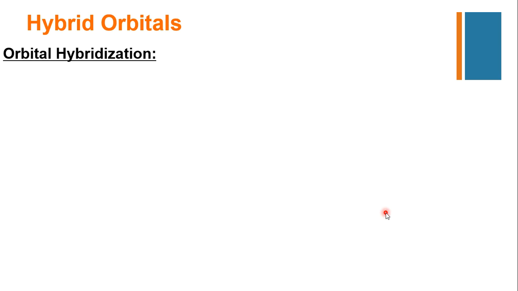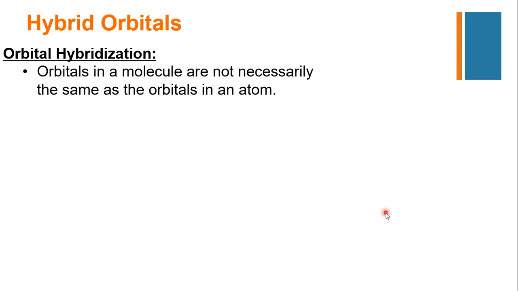So let's talk about orbital hybridization. Orbital hybridization means the orbitals in a molecule, once we put this all together, are not necessarily the same as the orbitals in the atom. In carbon, for example, we had standard s and p orbitals.